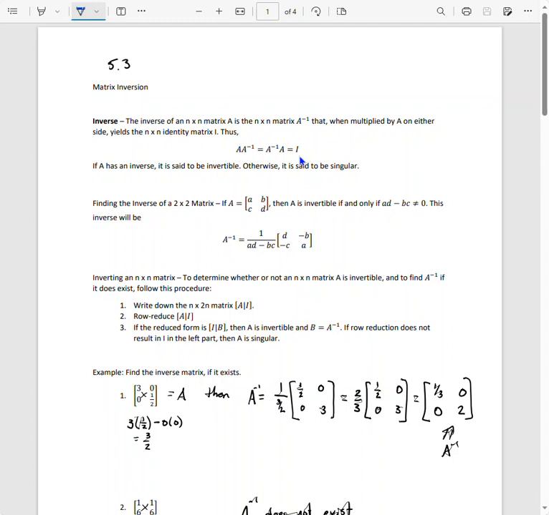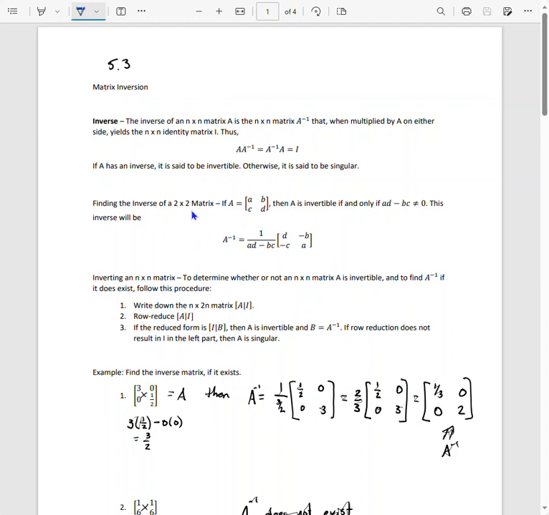These are easy to find. Matrix inverses, not something that we could come up with instantly. And also, if A has an inverse, it's said to be invertible, but not every square matrix actually has an inverse. And if it doesn't, it's called singular.